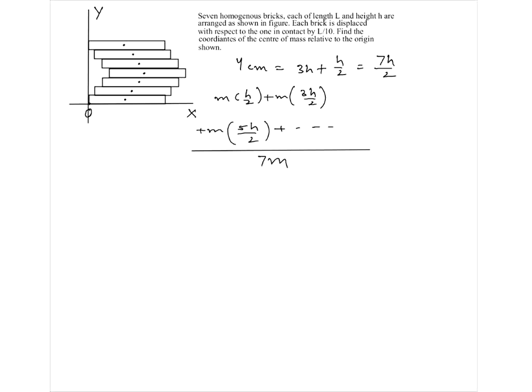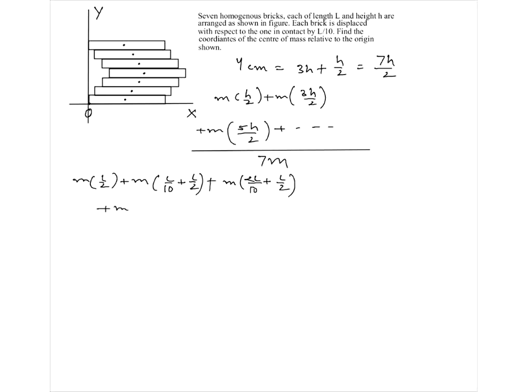Okay, now XCM. First fellow is at L by 2. Second fellow is at L by 10 plus L by 2. Then third fellow is at 2L by 10 plus L by 2.